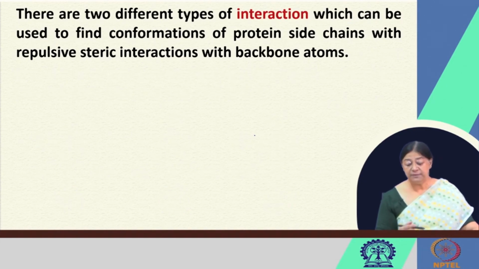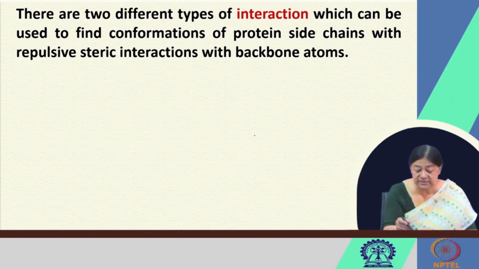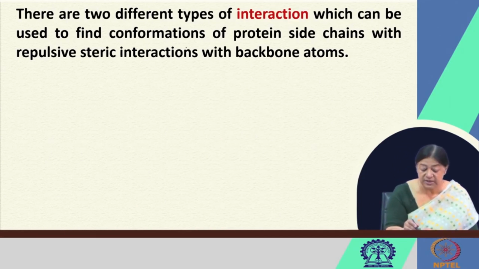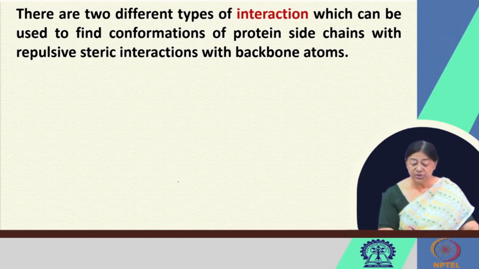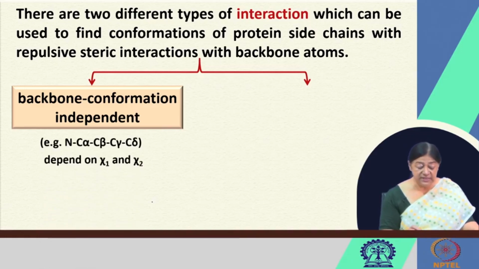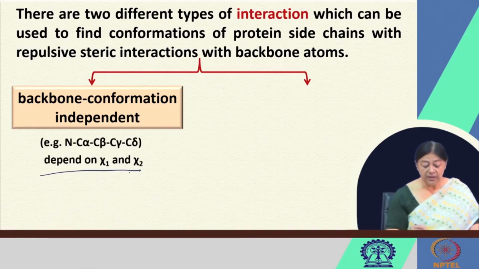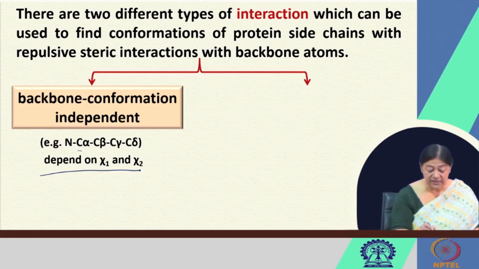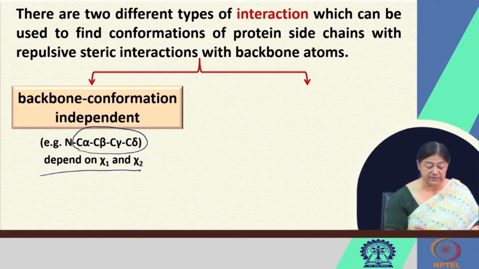But if we go a step further in understanding the types of interactions that are used to find the conformations of protein side chains with the repulsive steric interactions that are possible, this is what is important. So, we have some that are backbone conformation dependent. We have the chi 1, chi 2 where we have these linkages that we were looking at.